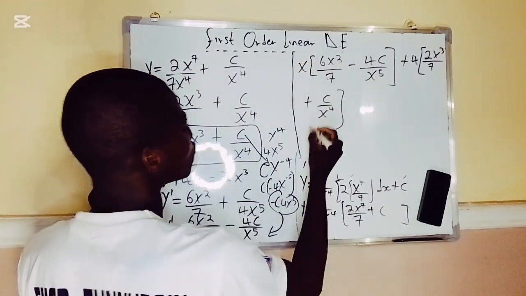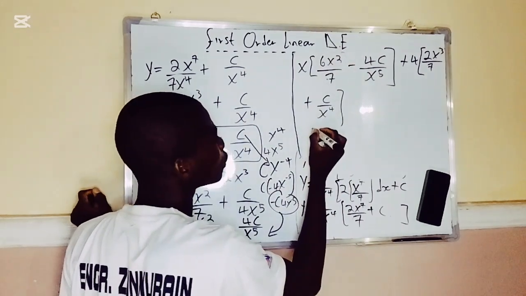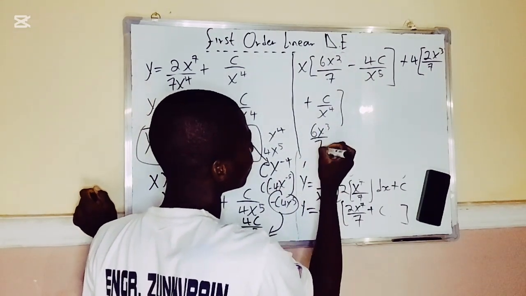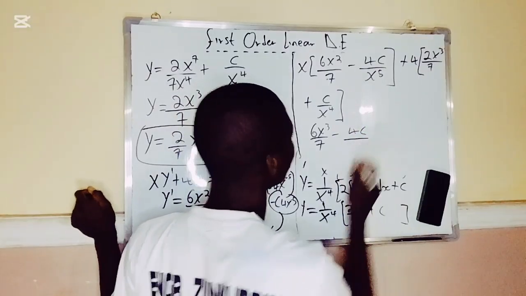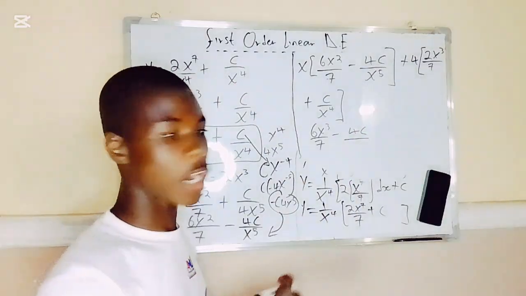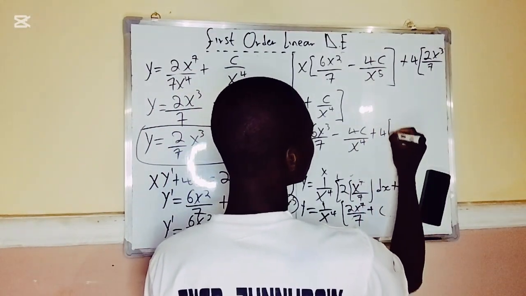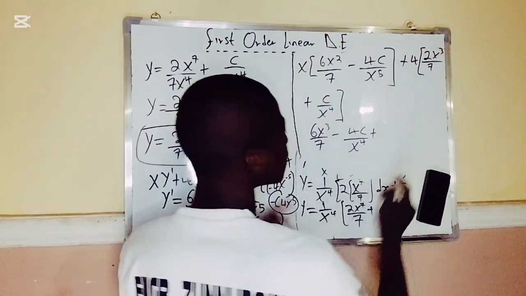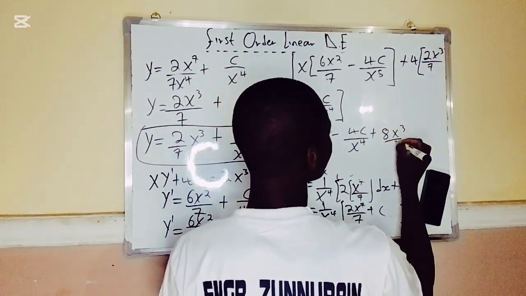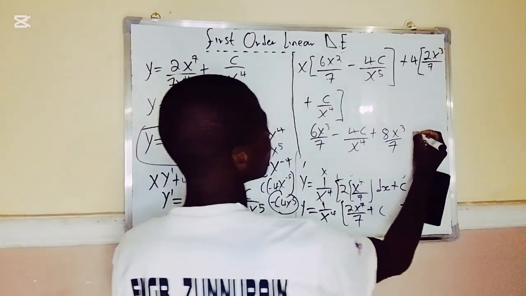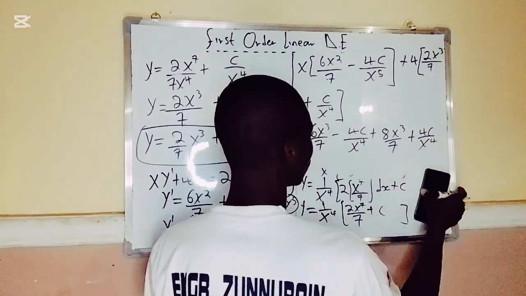So therefore x will multiply this and it will become 6x cubed divided by 7, and therefore minus 4c divided by x divided by x raised to the power of 5, which gives me x raised to the power of 4, and therefore plus 4 multiplied by this, which gives me 8x raised to the power of 3 divided by 7, and therefore plus 4 multiplied by this, which gives me 4c over x raised to the power of 4.